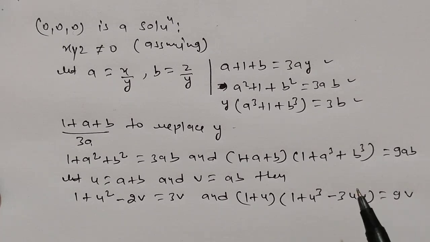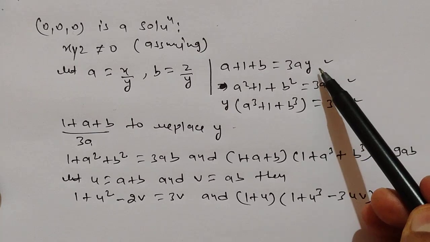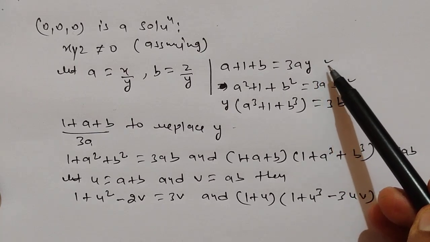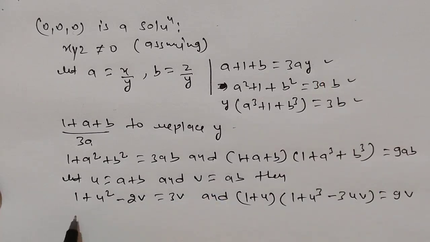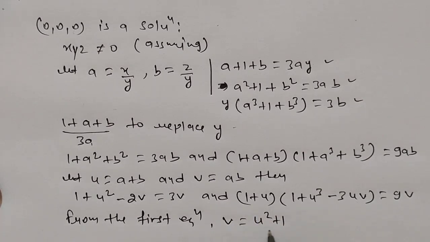From the first equation we can simply write v: v is equal to (u square plus 1) by 5.